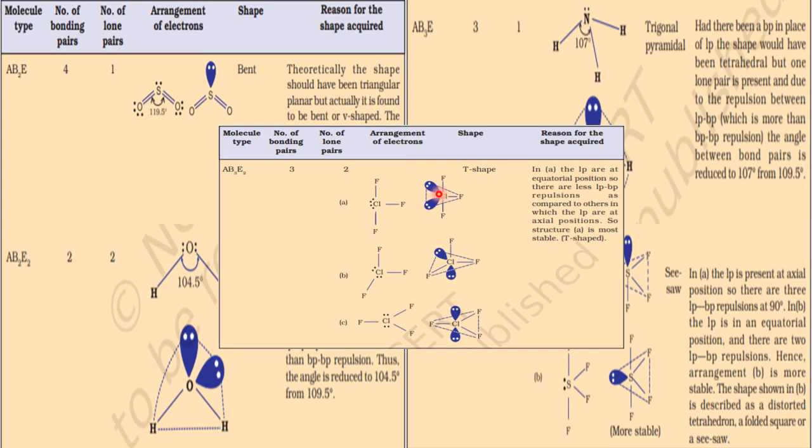So among the repulsions, here we have the minimum repulsion. So this looks like a triangular bipyramidal, but actually it is a T shape, like the English alphabet T. Monochlorotrifluoride is happy with the T shape.